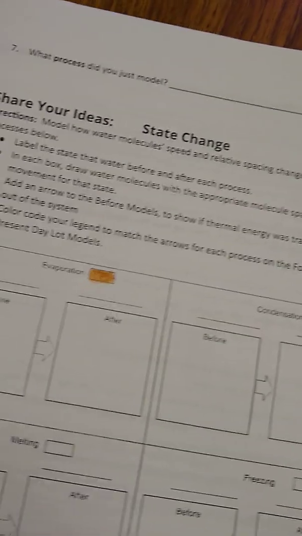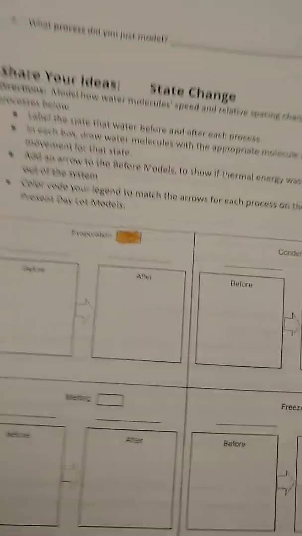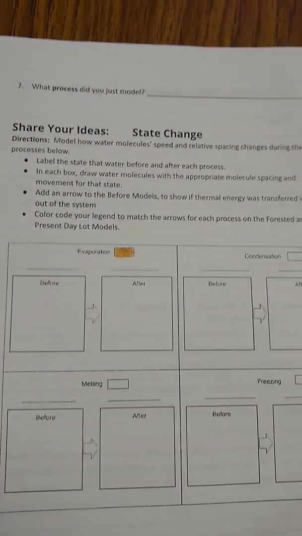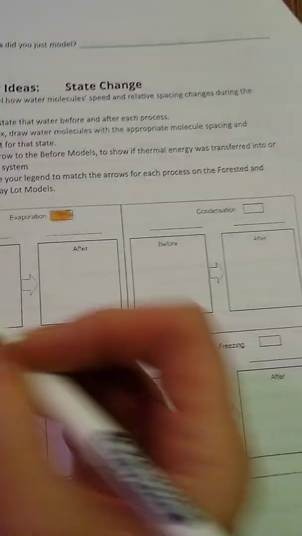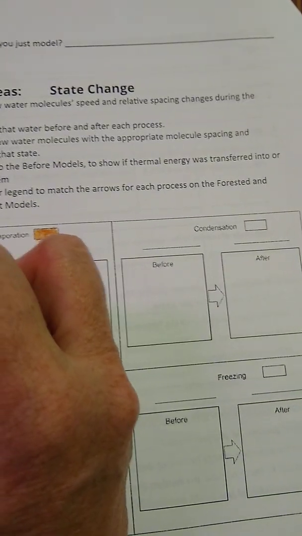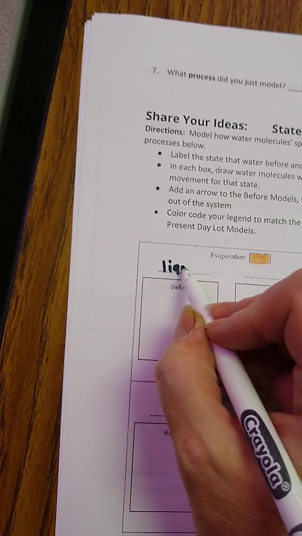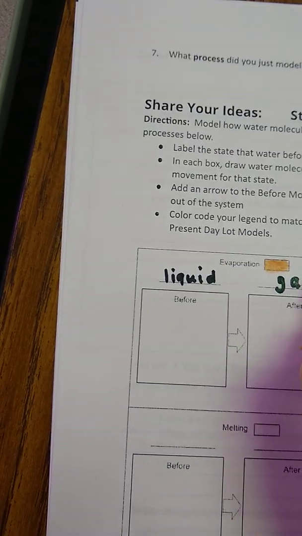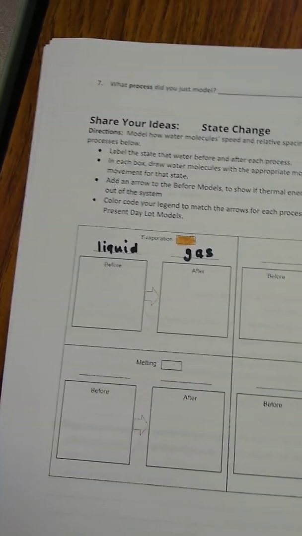And let me grab a marker over here. So what we're going to do is label the state that water was in before and after each process. So in evaporation, it starts as a liquid and ends as a gas.